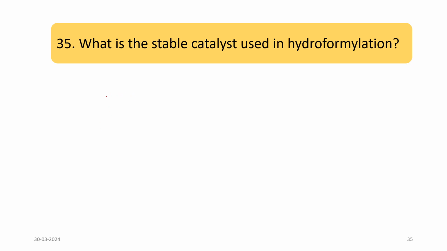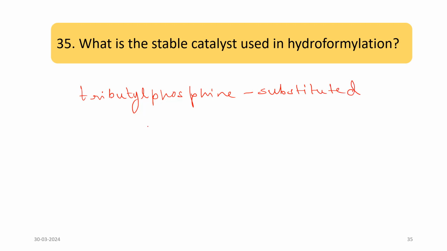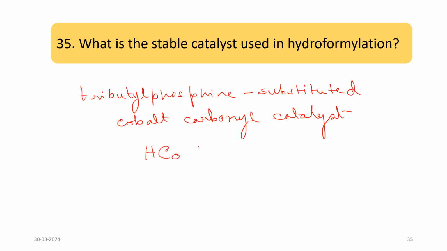The stable catalyst is tributyl phosphine substituted cobalt carbonyl catalyst, that is HCo(CO)3 with P(n-C4H9)3. This is the tributyl phosphine.